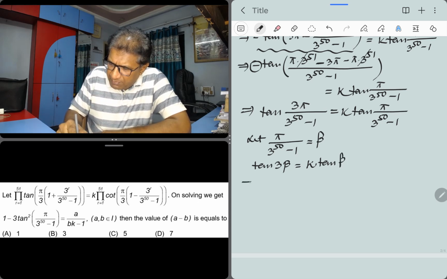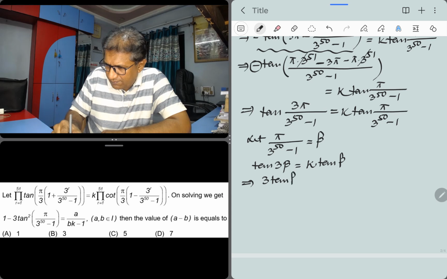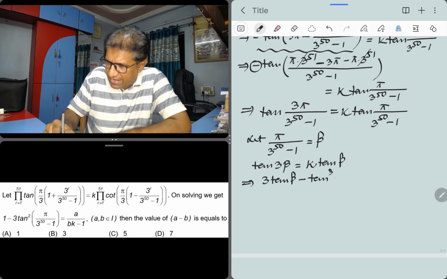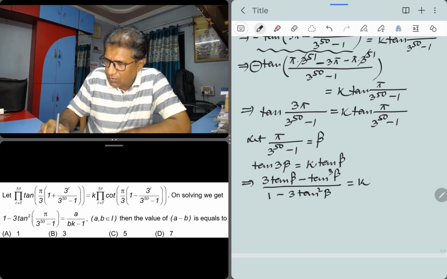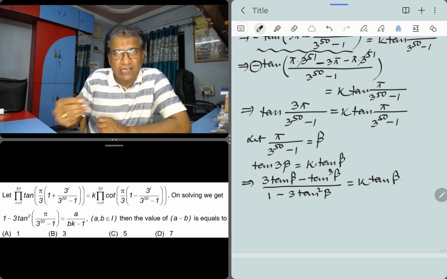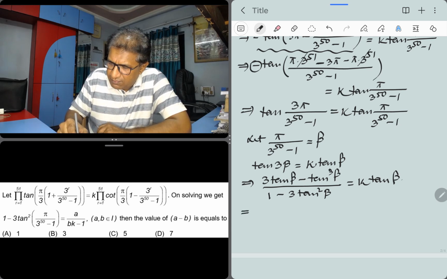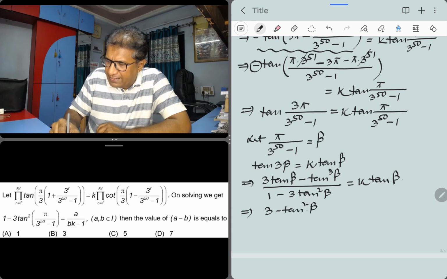Tan 3 beta can be written as, which is your k tan beta. Now, I can cancel tan beta from both sides. So, it will give us 3 tan square beta divided by 1 minus 3 tan square beta is basically k.